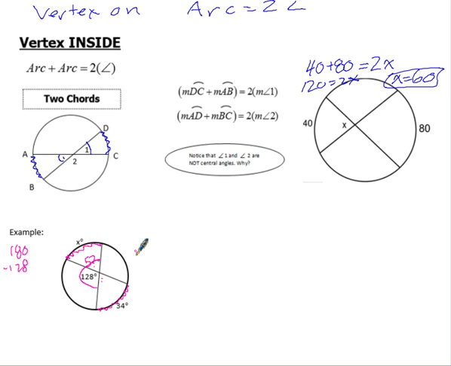Now I'm solving for an arc, so I'm still going to use my equation, arc plus arc equals 2 times the angle, the angle now being 52 degrees. When I multiply that out, I get 104.